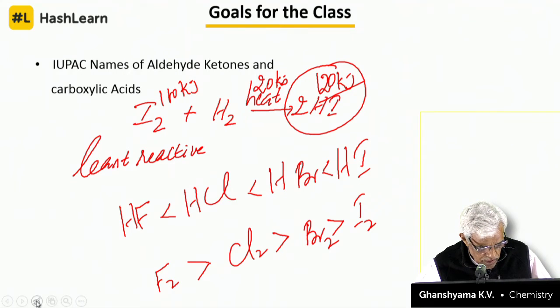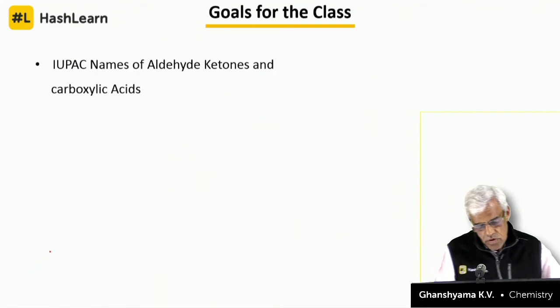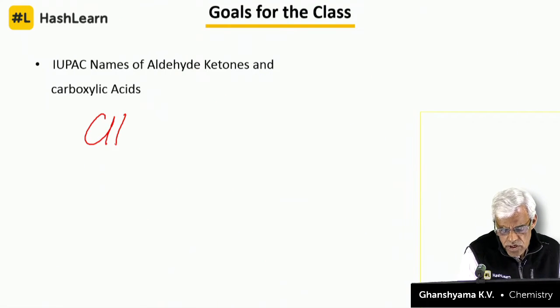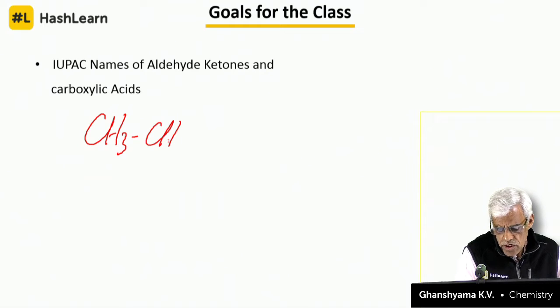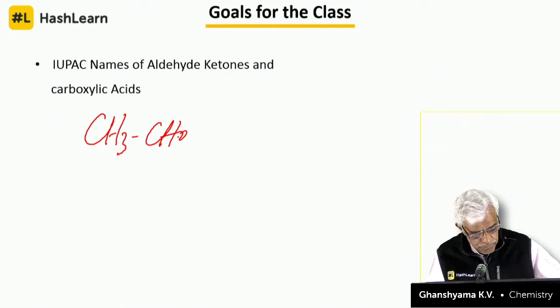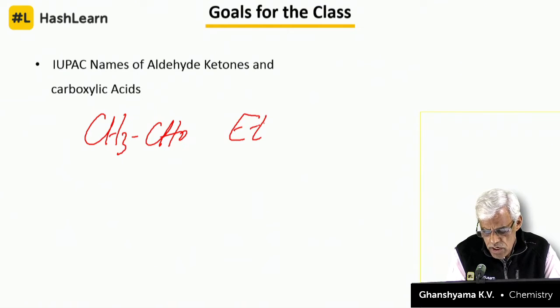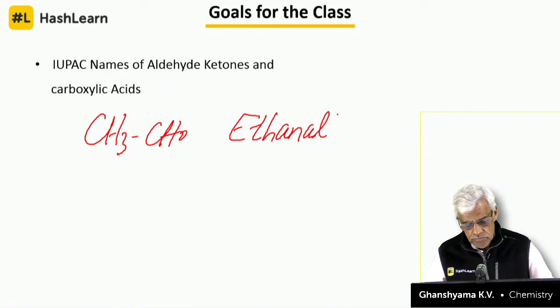Now coming back to aldehydes and ketones. So aldehydes, CH3CHO, common name is acetaldehyde. The IUPAC name is ethanal, you know it.